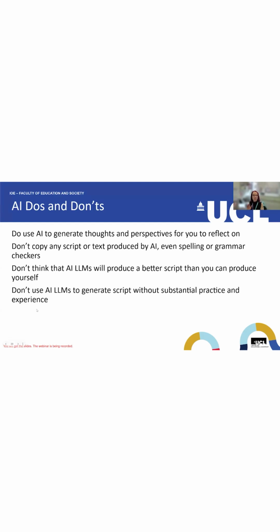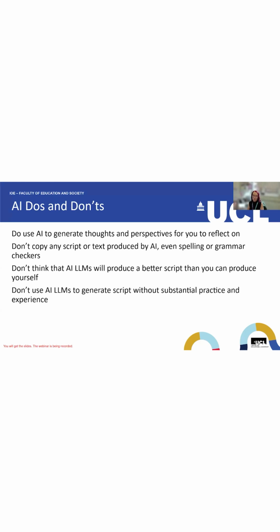So do's and don'ts. Don't use AI to generate, do use it to generate thoughts and perspectives for you to reflect on. That's fine, but don't copy any script or text produced by AI, even spelling or grammar checkers. Don't think that AI platforms will produce a better script than you can produce yourself, because in my experience, they can't.